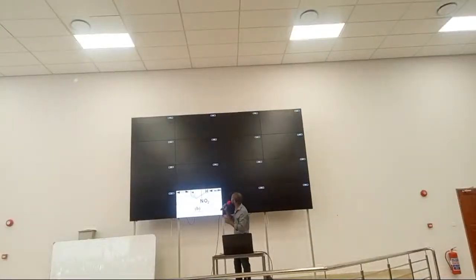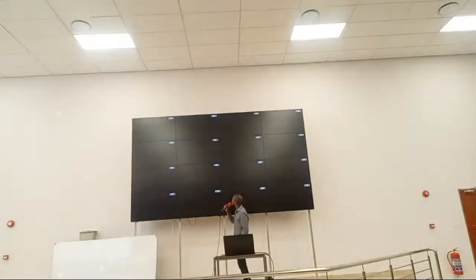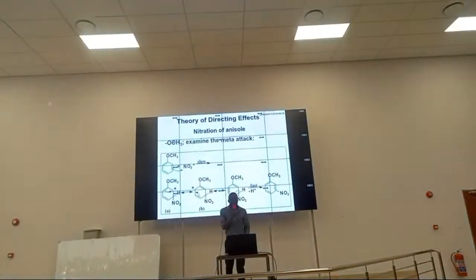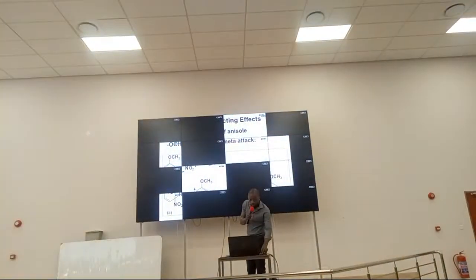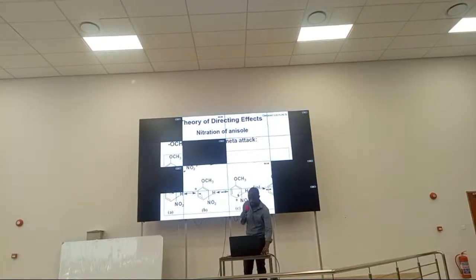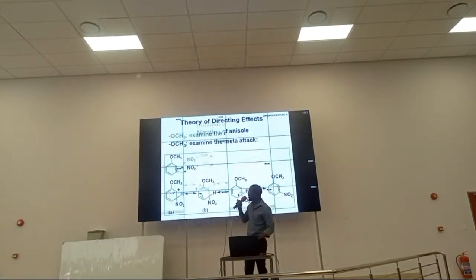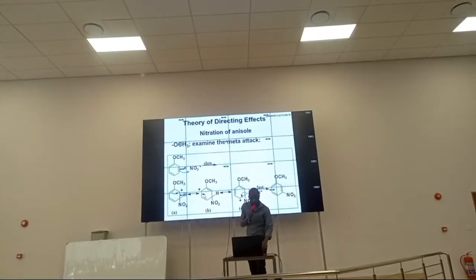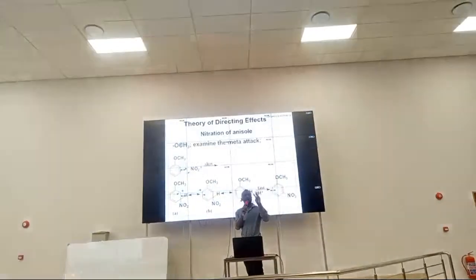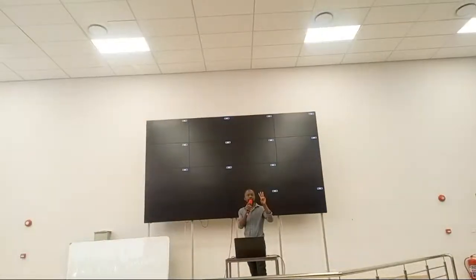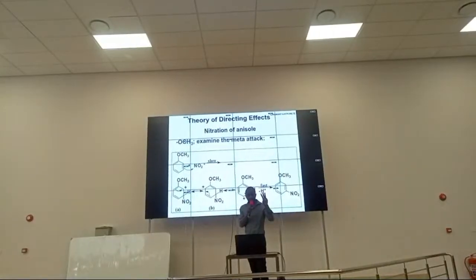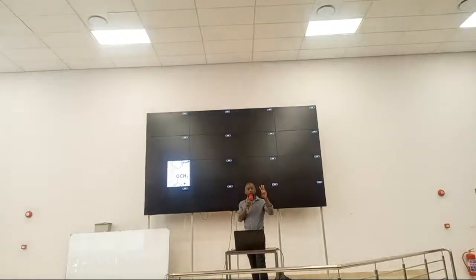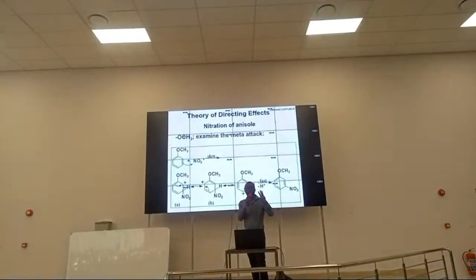So there's no way we can draw an additional resonance structure with the oxygen atom donating its lone pair of electrons. That is not possible in this case. So we only have 3 resonance structures with the positive charge distributed on 3 carbon atoms.